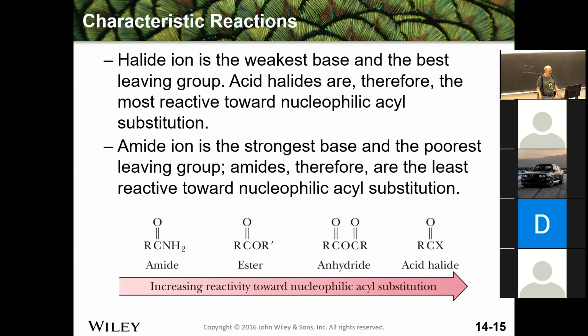The amide ion is the strongest base and the poorest leaving group, and so therefore amides are the least reactive toward nucleophilic acyl substitution. So here's the order of increasing reactivity: amides are the least reactive, then esters, then anhydrides, then acid halides.